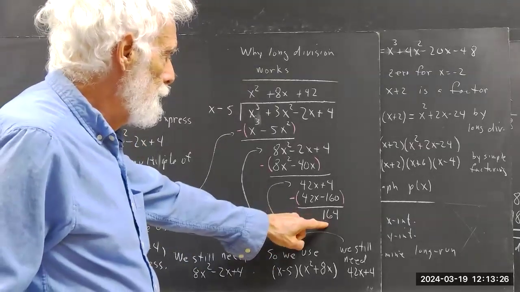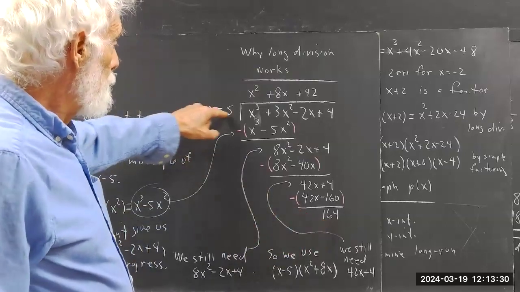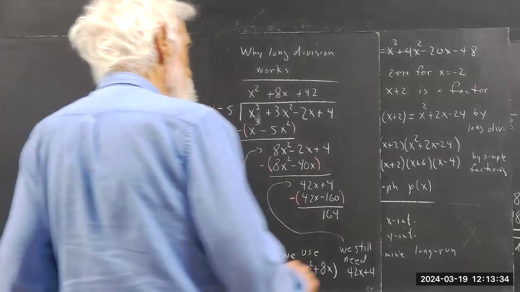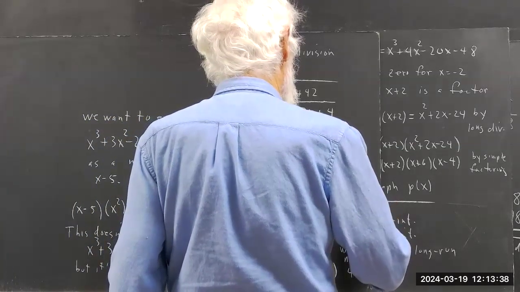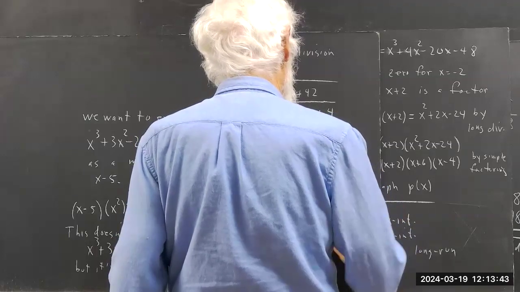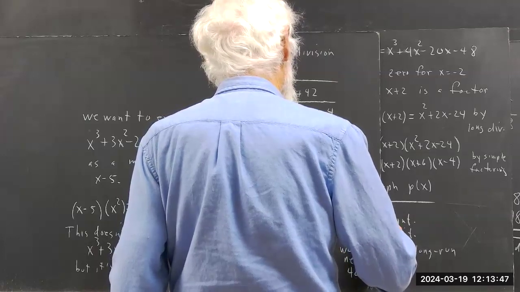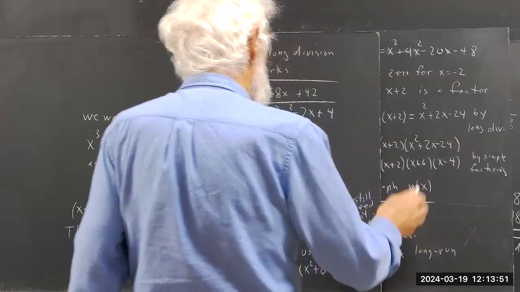Okay, well, we still need 164, but there's nothing we can multiply x minus 5 by to get us this. We can't get it, so it's a remainder.